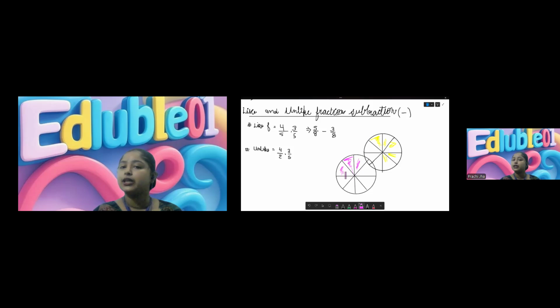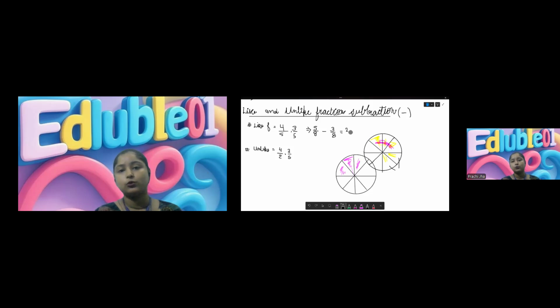If you take away 3 over 8 from 5 over 8, 3 of the portions are taken away. You can clearly see there are just 2 portions left out of 8. It's so simple.